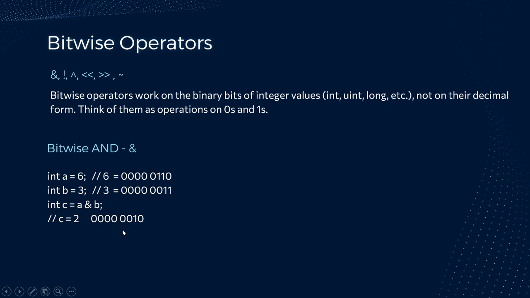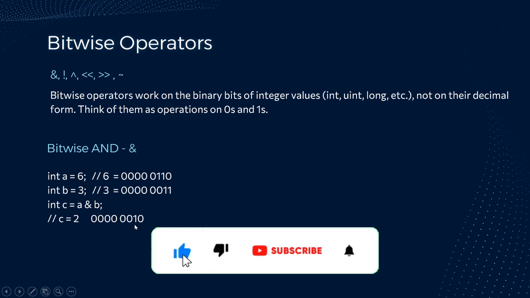That's why a ampersand b becomes 0000 0010, so that is 2.